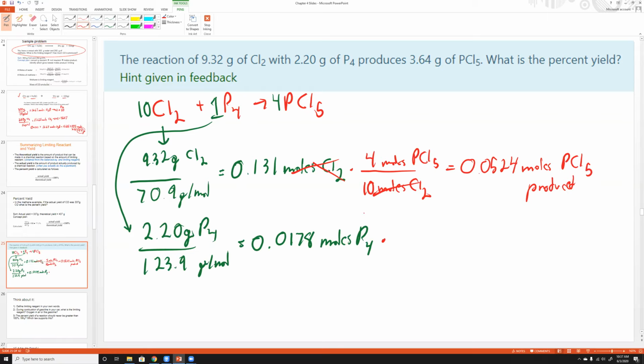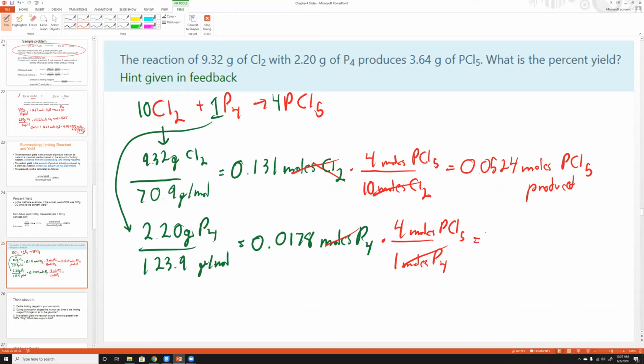So we know that 1 mole of P4 reacts to produce 4 moles of PCl5. So let's do that same reaction here. 1 mole of P4, because we want that to cancel out, reacts to produce 4 moles of PCl5.